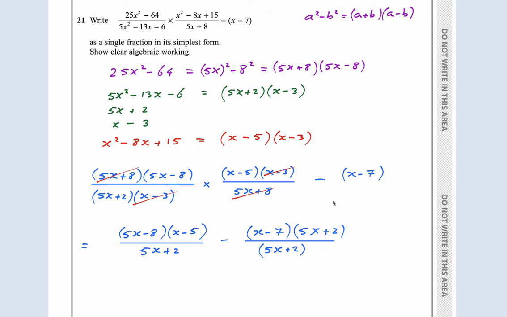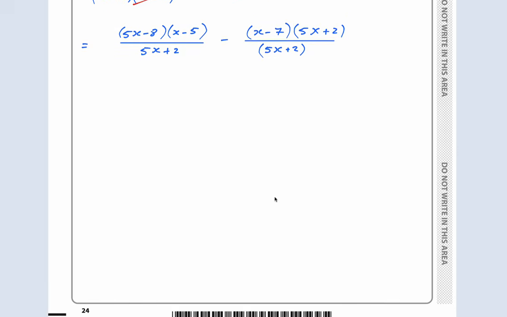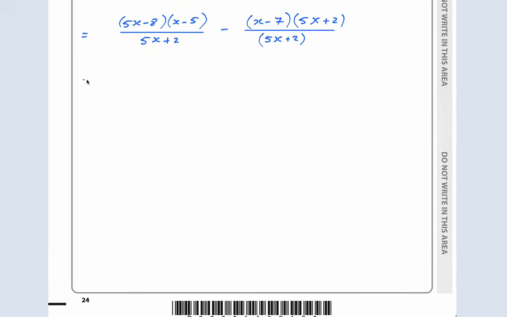Equals: the denominator is now nicely 5x plus 2, and I can just leave that there because it's a common denominator. The top, I have to multiply out. So this becomes 5x squared minus 25x minus 8x plus 40. That's this times this, this times this, this times this, and this times this.